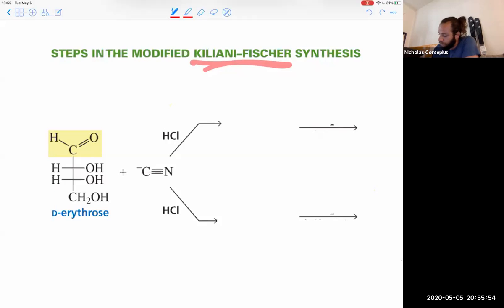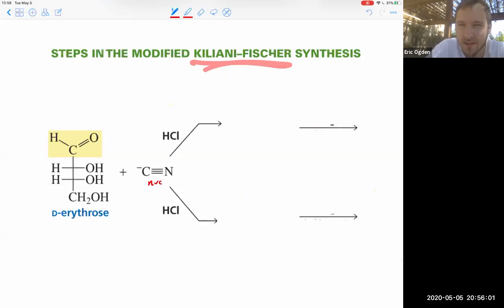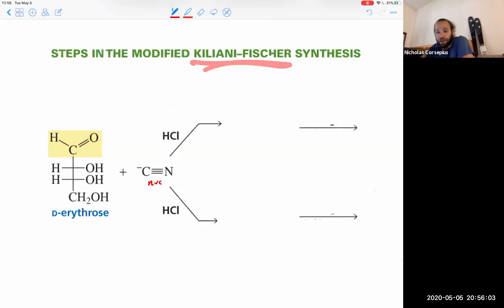But if we had our nucleophile here, do we have an electrophile on our sugar? Yeah, the aldehyde. Electrophilic carbonyl carbon, right? Absolutely. So everybody take a second and see if you can draw what I'm going to get here.